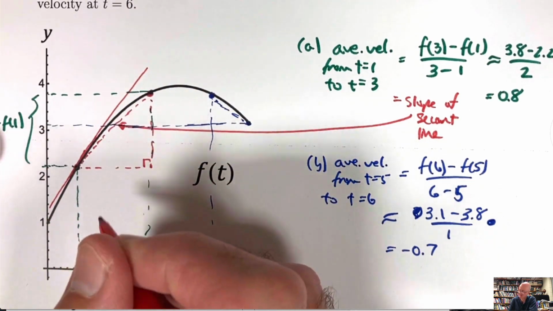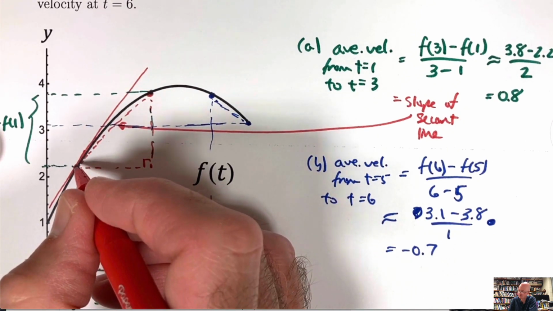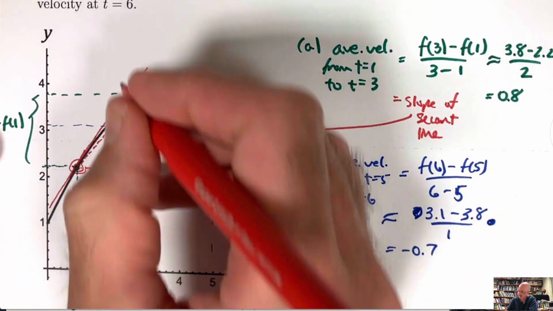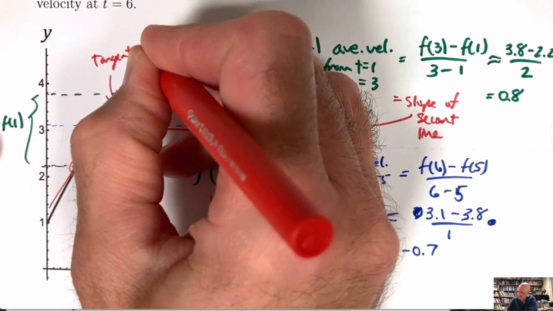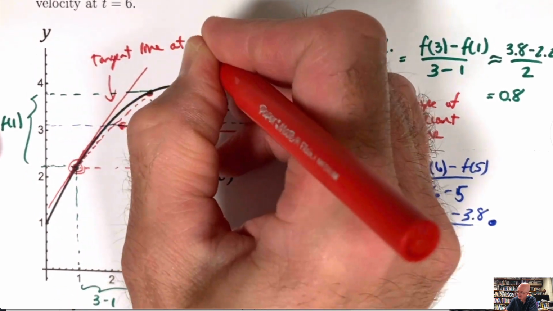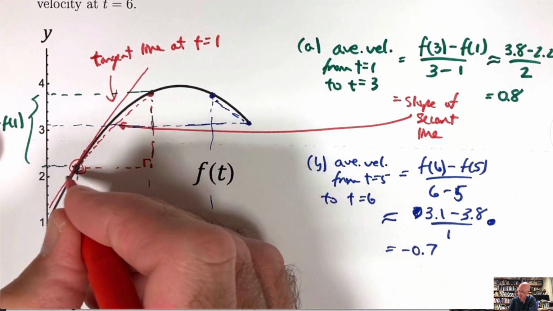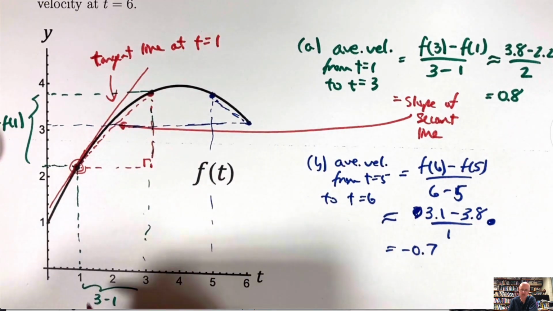A better description of the tangent line at this point is it's the line that the curve looks most like as you zoom in closer and closer to the given point. Okay, this is called the tangent line at t equals 1. It is the line that the curve looks more and more like the closer you zoom in to that point when t equals 1.